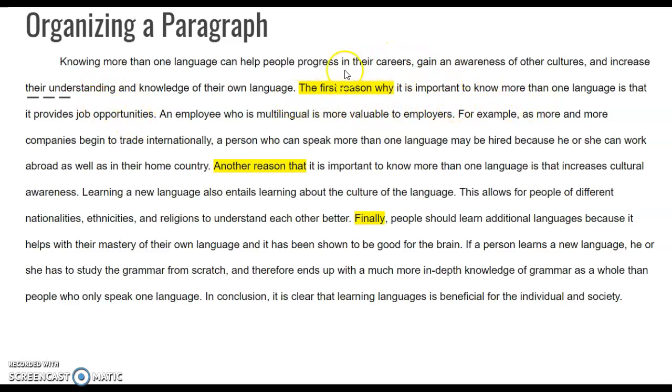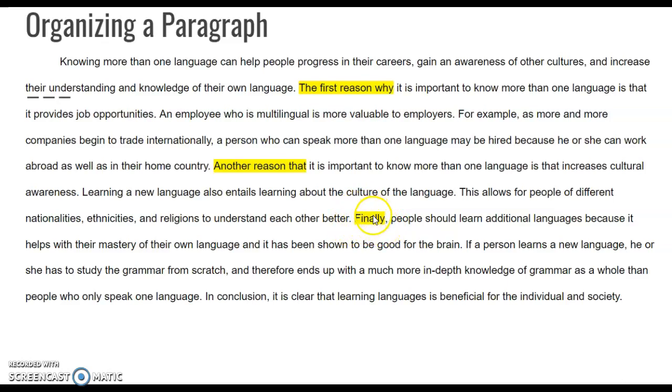So this phrase right here introduces the explanation of the first controlling idea. The second part, "another reason that it is important to know more than one language is that it increases cultural awareness." So this is the transitional phrase that the writer is using to introduce the second controlling idea. And then the last controlling idea is introduced by "finally."